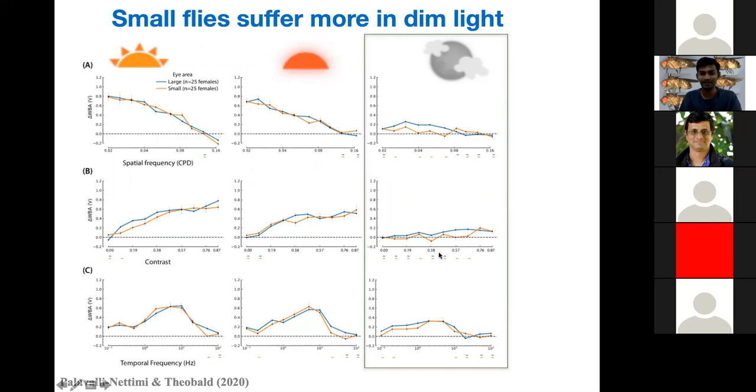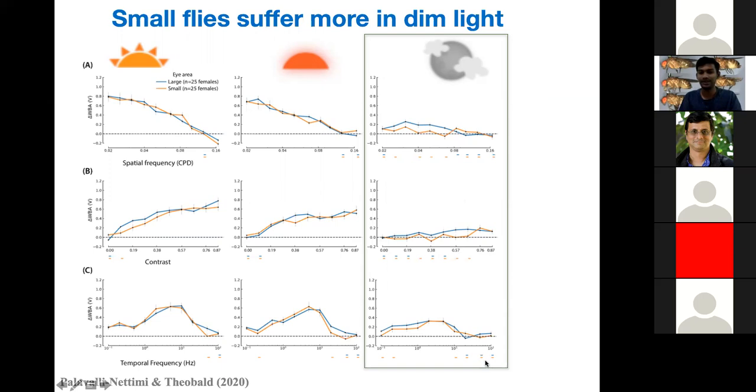And similarly, smaller flies also tend to have lower, so minuses, sorry. In the previous plot we used pluses, but in this plot we use minuses. Minus just means that the response is not significantly different from 0. So the smaller flies didn't respond as much in the darker conditions. And similarly, they had reduced contrast sensitivity in the darker conditions compared to larger flies.